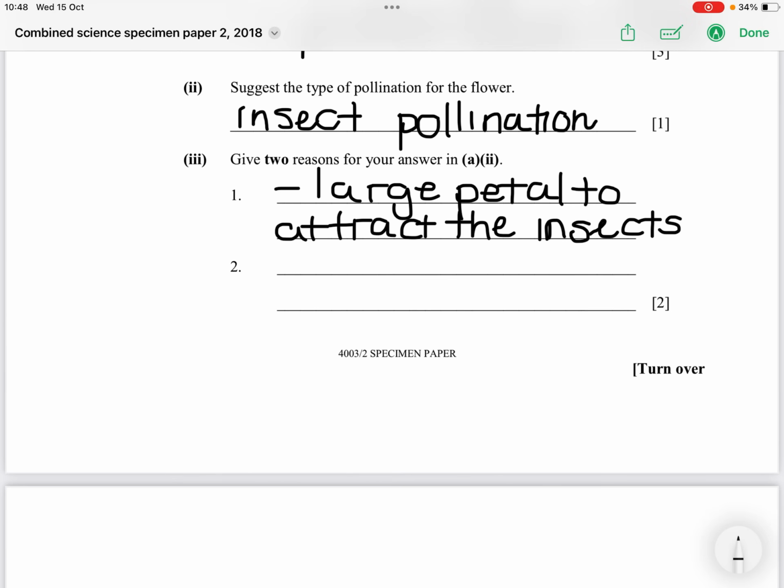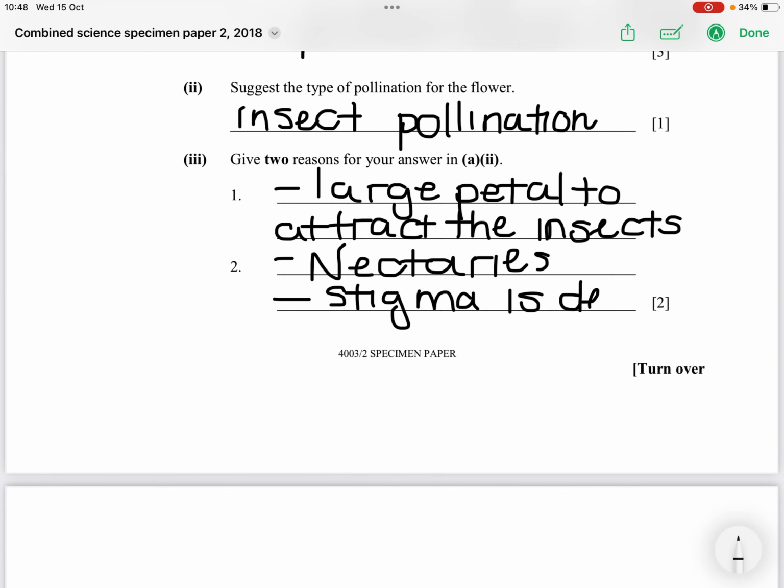It is not protruding out of the flower like in wind pollinated flowers. And we can also see the nectaries, to attract the insects.